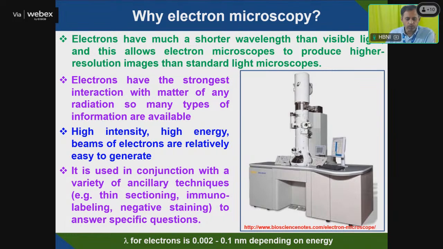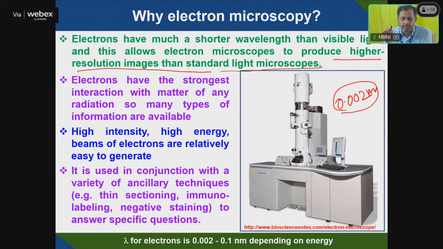So first of all, why do we need an electron microscope? All of us know the electron has a much shorter wavelength, in the range of 0.002 nanometer in the case of TEM, very low, much smaller than that of visible light, and this allows the electron microscope to produce higher resolution images compared to a standard light microscope.